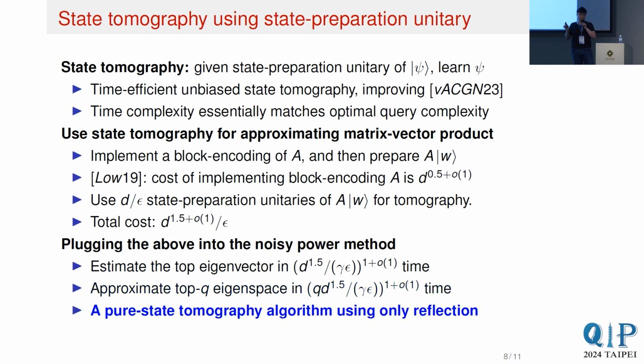One thing worth mentioning here is that in our algorithm, we really don't need the state preparation unitary. It suffices for us to make use of the reflection through the quantum state. And that's the end of the upper bound.